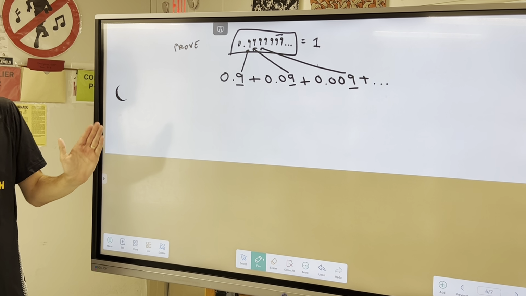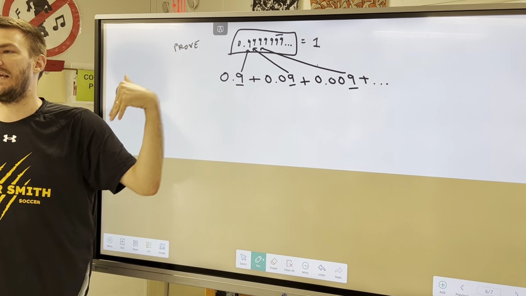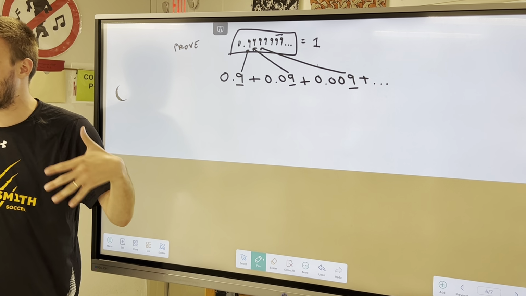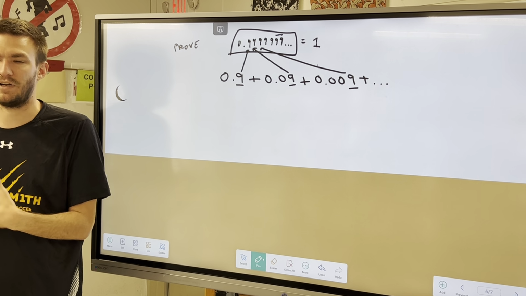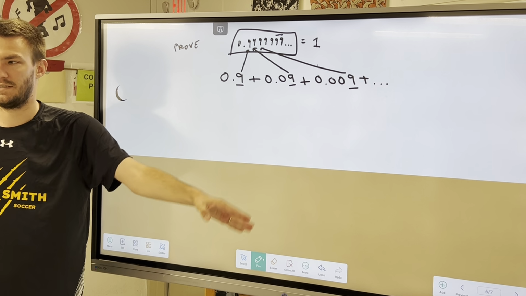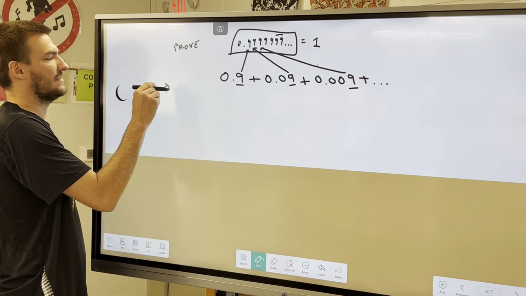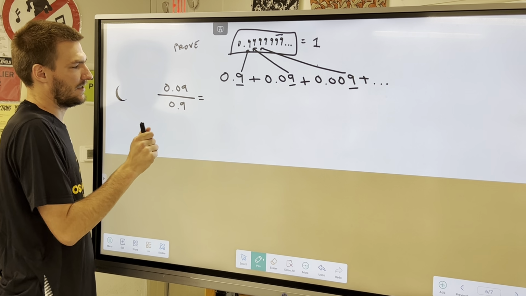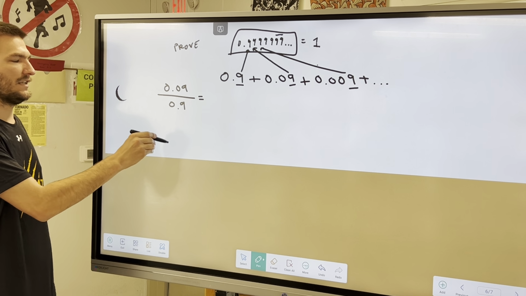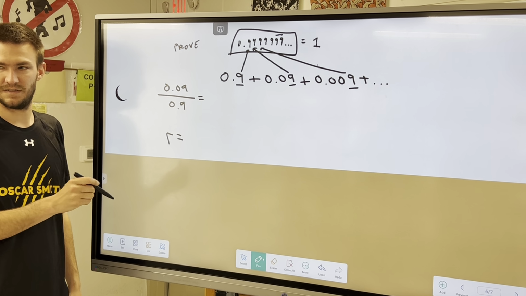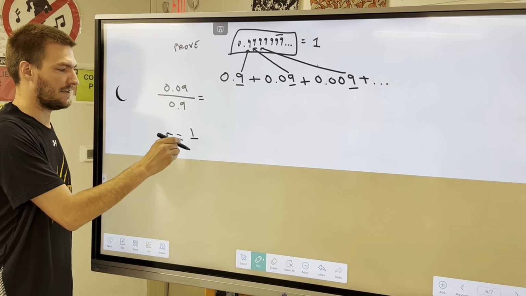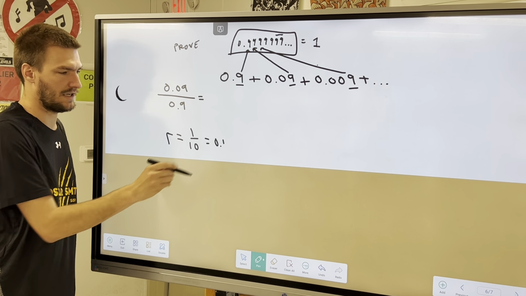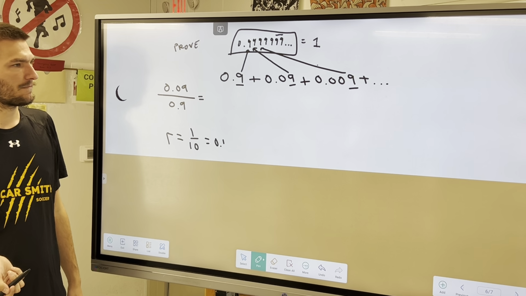So again, it looks a little crazy, but in reality, we're just taking each of those 9s and spreading them out. If we're doing it like this, is it a geometric series? Is it having a common ratio to go from one to the next? If we take 0.09 and we divide it by 0.9, what is the ratio for this series? 1/10 or 0.1, however you want to say it.